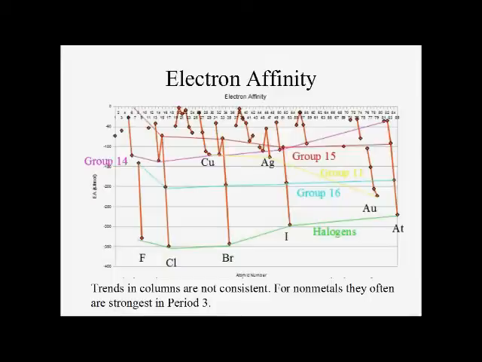The trends in the groups aren't as consistent. So for the halogens, chlorine is the most stable. So period 3 is the most stable. Fluorine is not quite as stable. So we become more stable with period 3, and then they slowly become less stable as they go down the column.